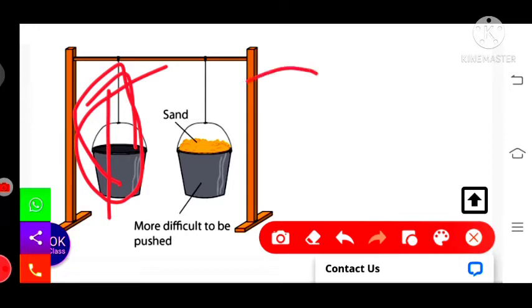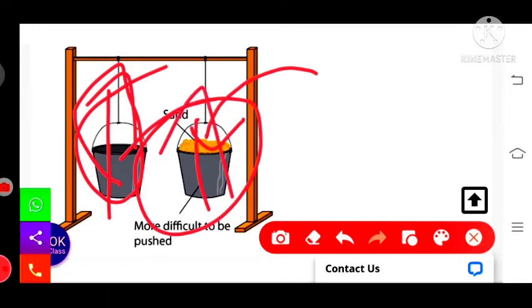If we fill it with sand, the mass of the bucket will increase. So the mass is directly proportional to the inertia, or inertia is directly proportional to the mass. So the inertia of this bucket will increase, and it will be more difficult to push or lift this bucket.